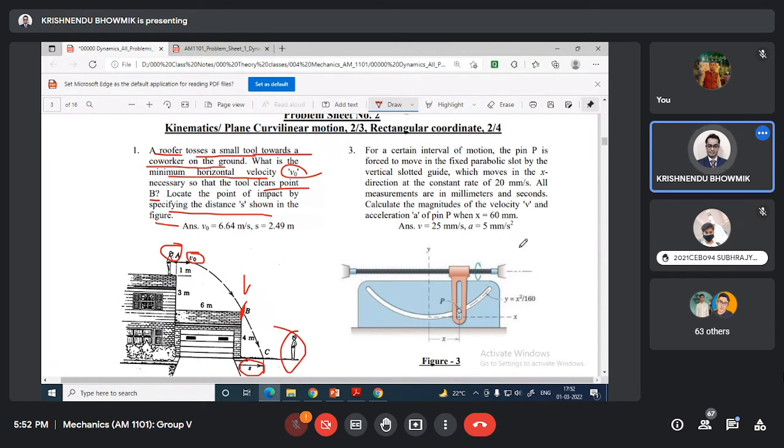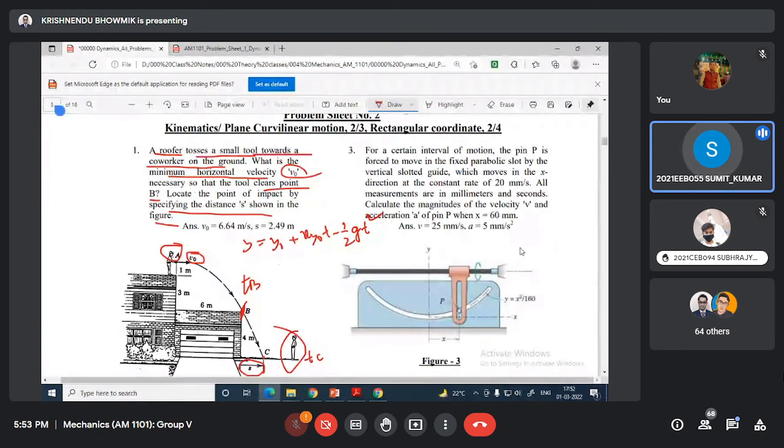Say here one time is tB, here one time is tC. Now y equal to y0 plus vy0 t minus half g t squared. That relationship you can use.